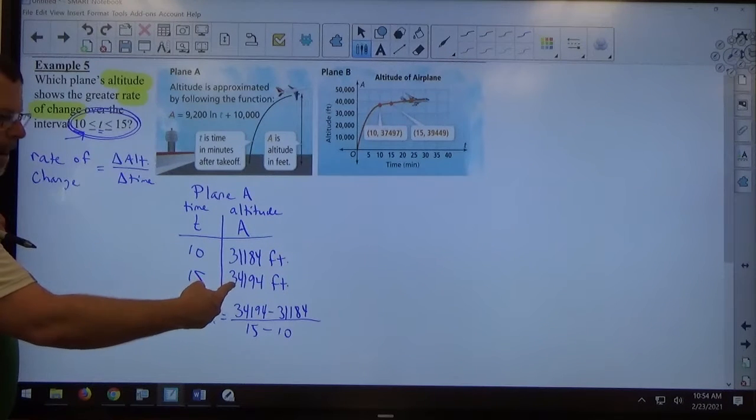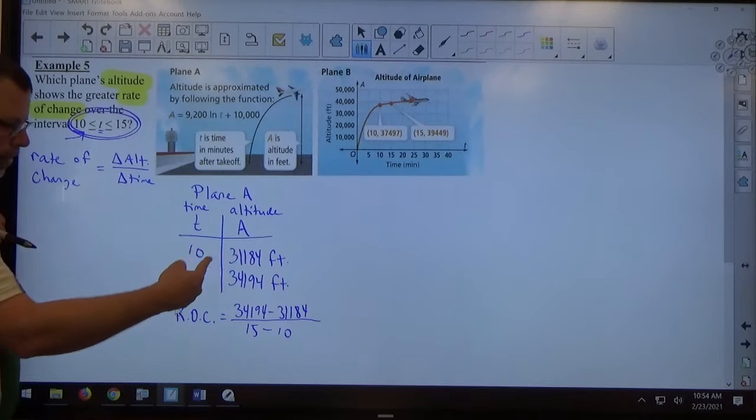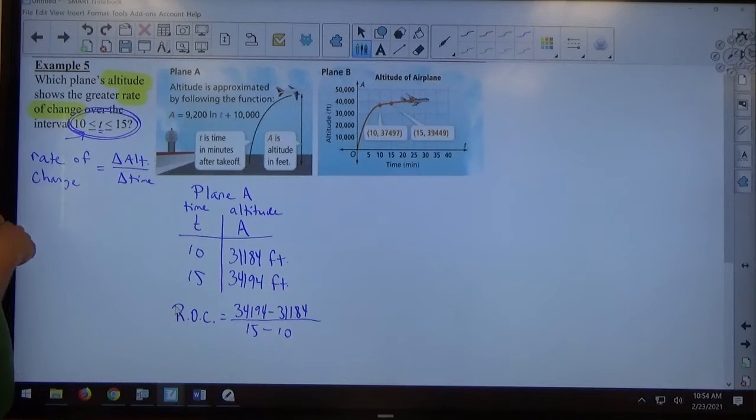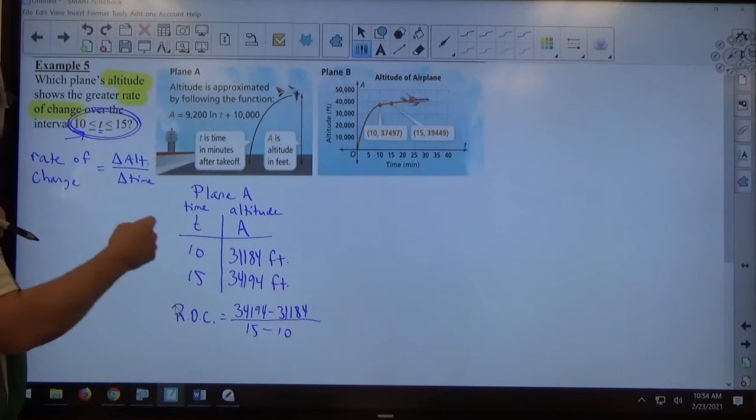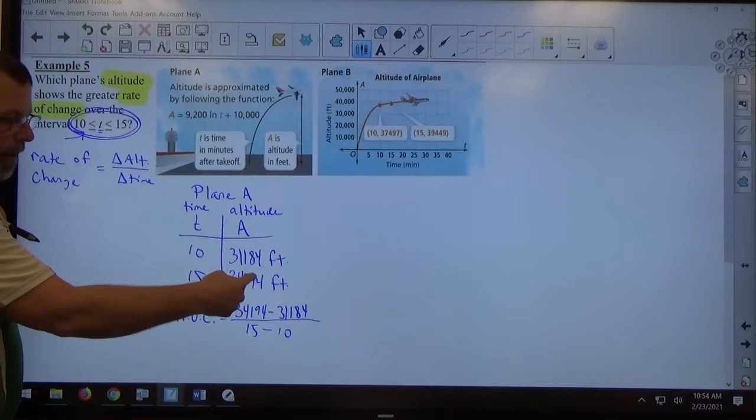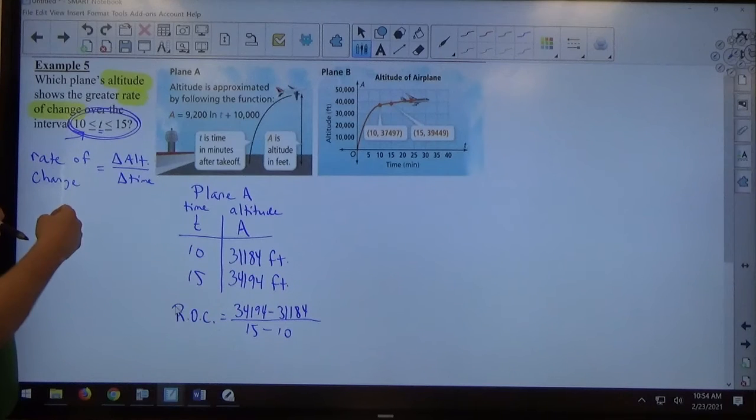I took the second number minus the first number for change in altitude, so second number minus first number for change in time. Make sure the order of subtraction matches top and bottom. It doesn't matter what order you go with, just don't make it different. So I went bottom minus top, I went bottom minus top. If I did top minus bottom, I do top minus bottom.